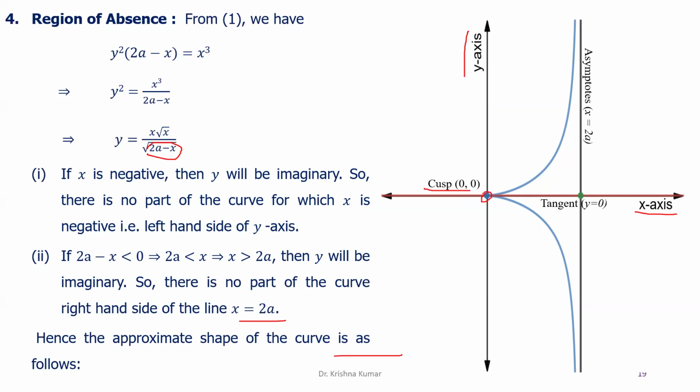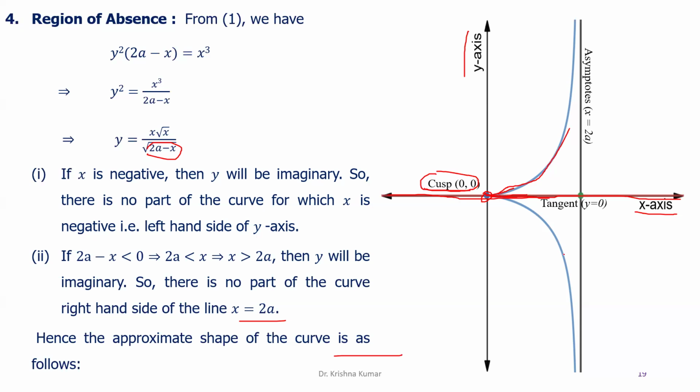The tangent at the origin is y equal to 0, or the x-axis itself. We have already seen that there are two tangents at the origin, but both coincide with each other. So the origin is a cusp, and we have to draw the curve like this.